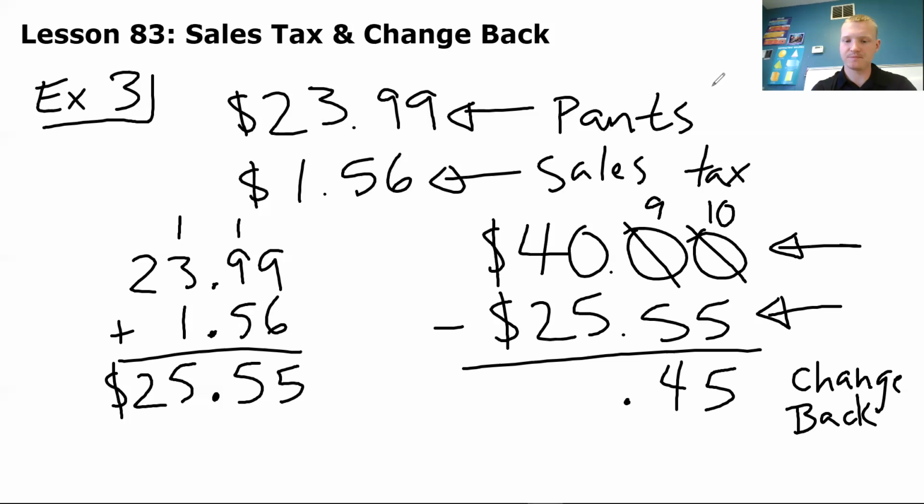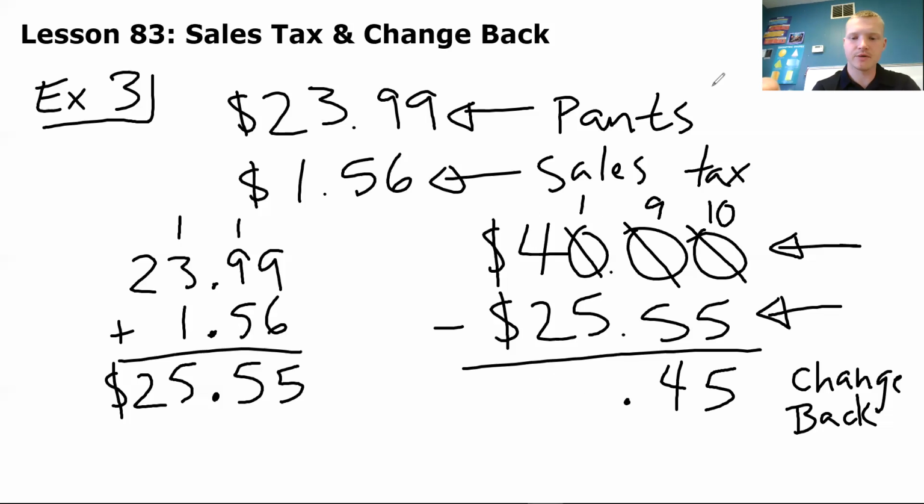Bring down my decimal. 0 and 5, we have the same problem here. I'm going to have to do a 10, borrow from that 4. So 10 minus 5 is going to be 5. And then 3 minus 2 is going to be 1. So we should get back... I did something wrong here, didn't I? Oh, yes, I did. This is not a 10.